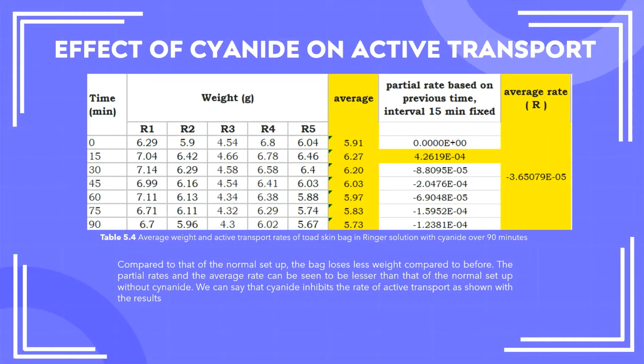The partial rates and the average weight can also be seen to be lesser than that of the normal setup without cyanide. Therefore, we can say that the cyanide inhibits the rate of active transport as shown with the results. Inhibition means that it slows down the rate of active transport. Therefore, there is a lower average rate of active transport in the cyanide setup compared to that without cyanide.